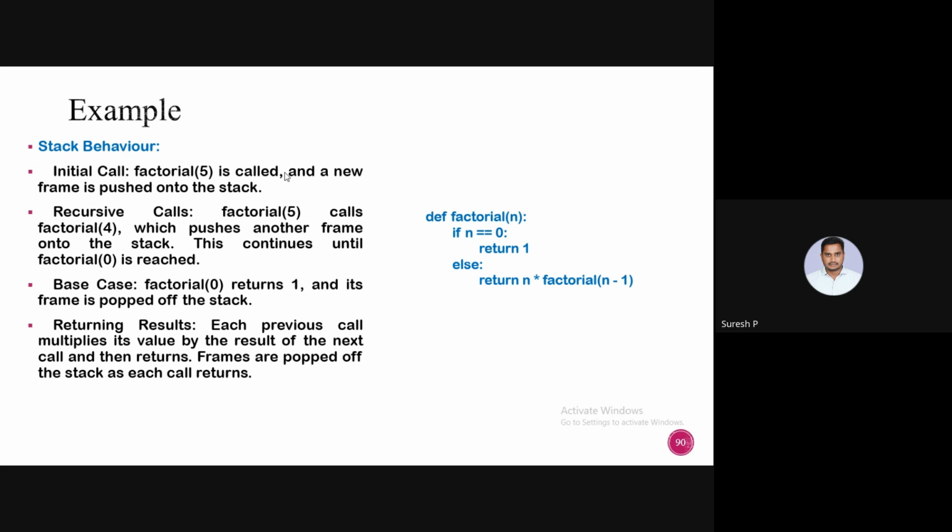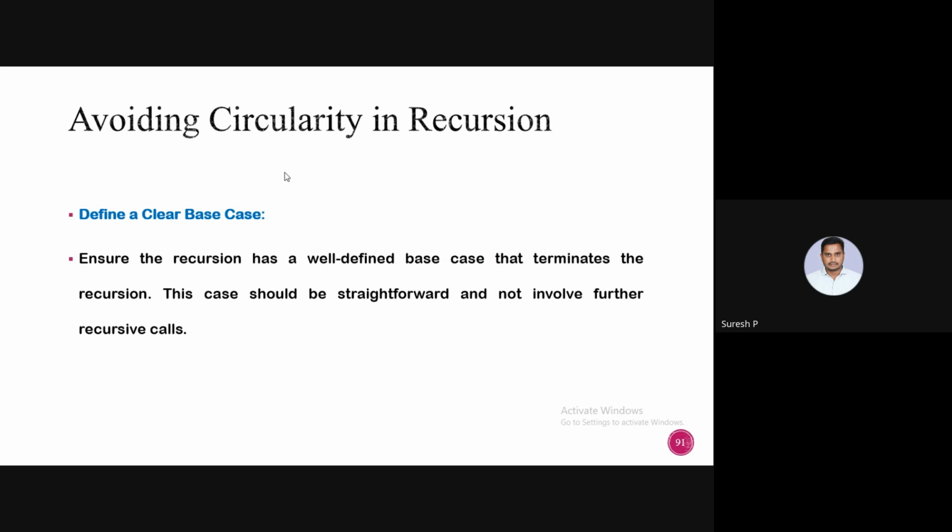When you reach factorial 0, it reaches the base case and stops. Then all the function calls will be popped off from the stack. Each previous call multiplies its value by the result of the next call and then returns. The frames are popped off from the stack as each call returns.